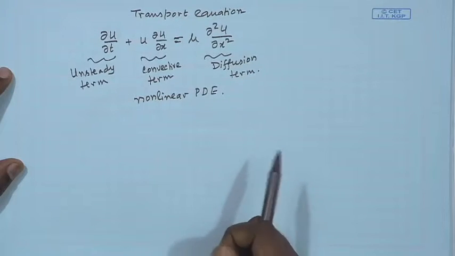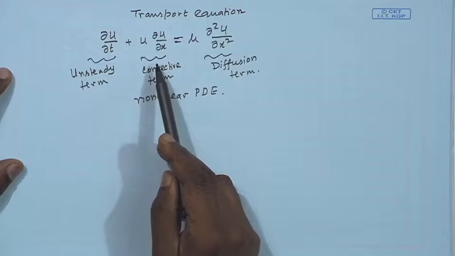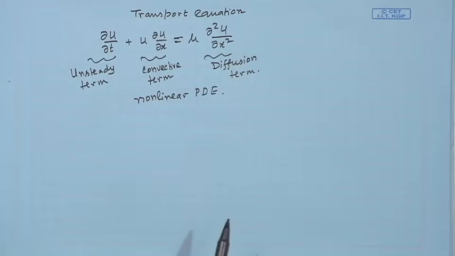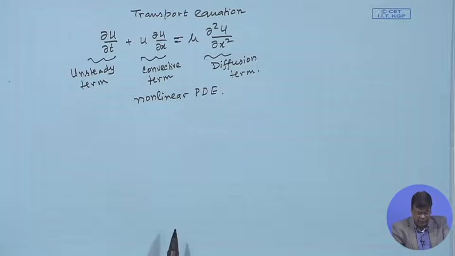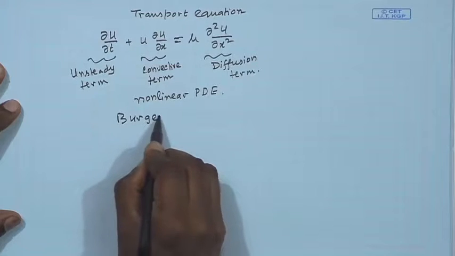But we cannot neglect it. If this term, u del u del x, is significant, that means the advective transport is not negligible. Normally, advection is referred to in the heat transfer situation, so here we can call it convective transport. This convective transport is not negligible, so this equation as a whole is called the Burgers equation.